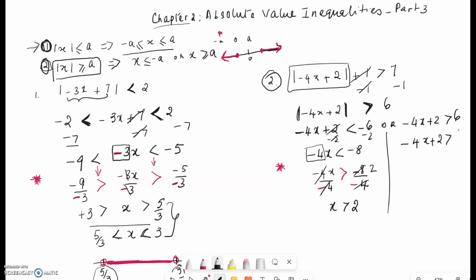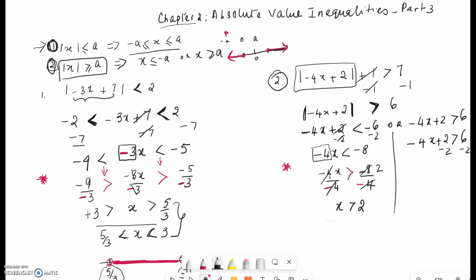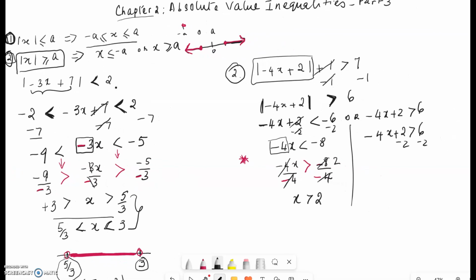Negative 4x plus 2 is greater than 6. Subtract 2 from both sides, and we have negative 4x is greater than 6 minus 2, which is 4. But we have to divide both sides by a negative number. Again, don't forget the important step here.